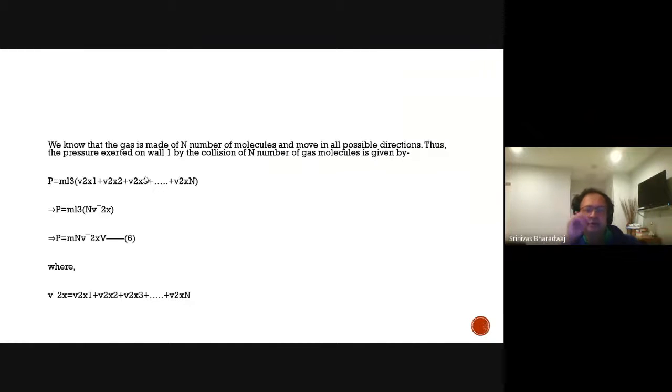Now, know that the gas is made of N molecules that move in all possible directions. The pressure exerted on wall 1 by the collision of N gas molecules is given by N over l cubed times m v square, right?